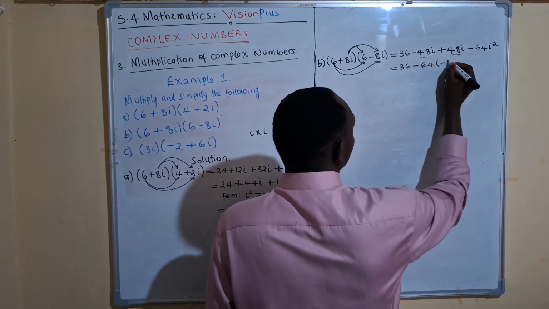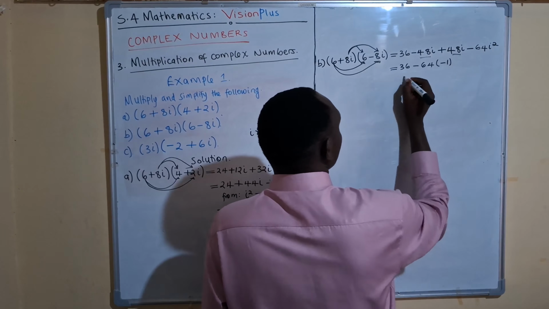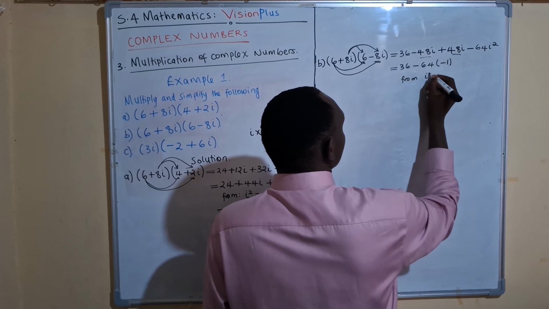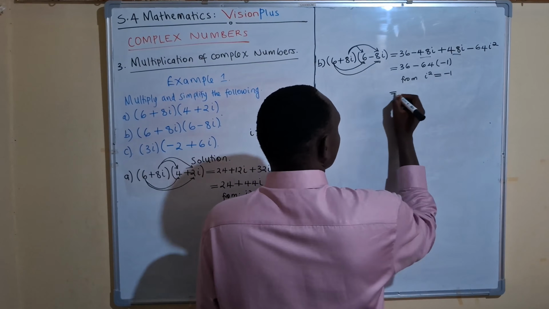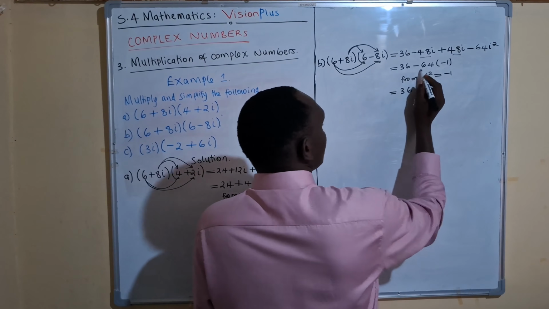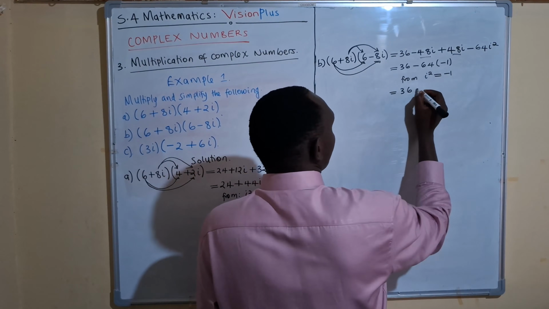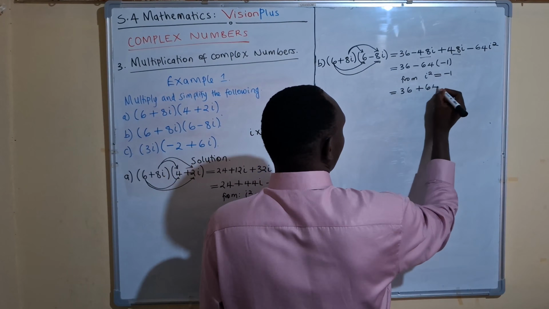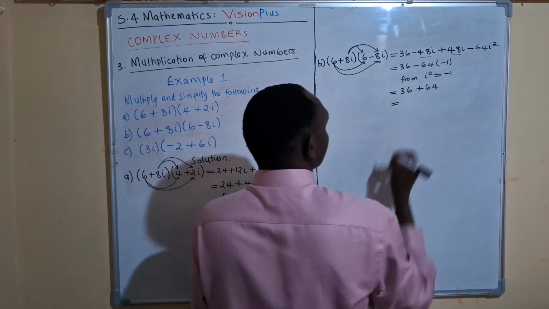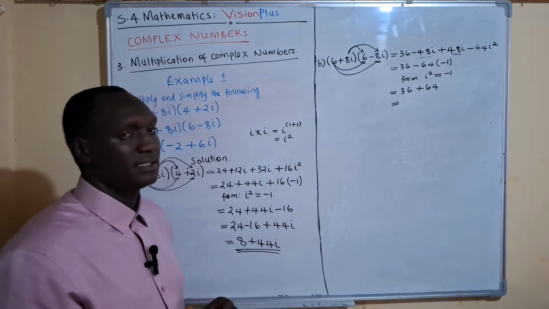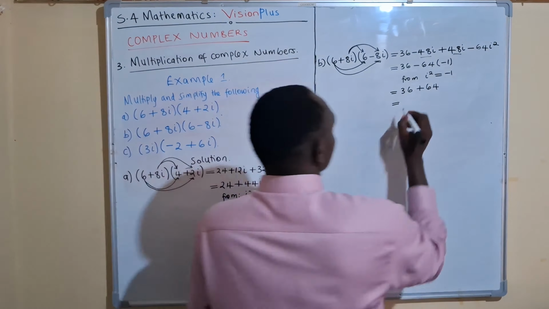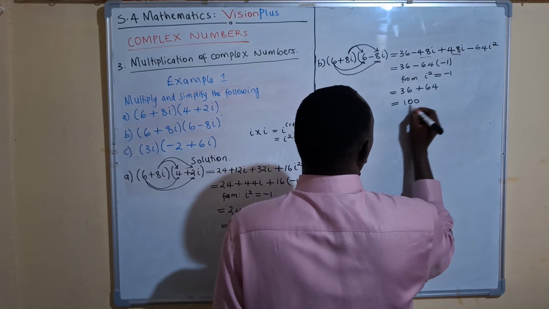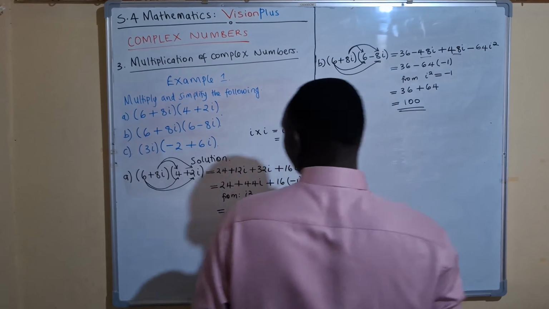Substitute for it negative 1, simply from i squared equals negative 1. Then we proceed so that we have the 36. Negative 64 times negative 1 becomes positive 64. Then what is 64 plus 36? 64 plus 36 is 100. Here we shall have 100. And that is the multiplication for part B.